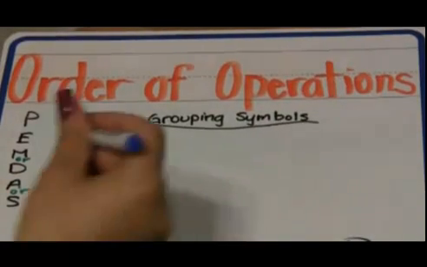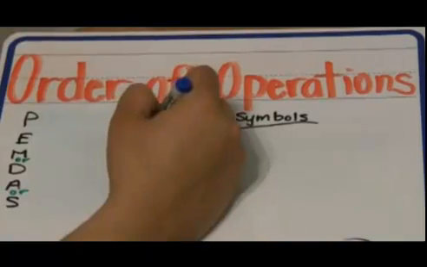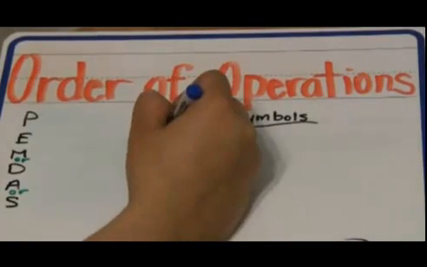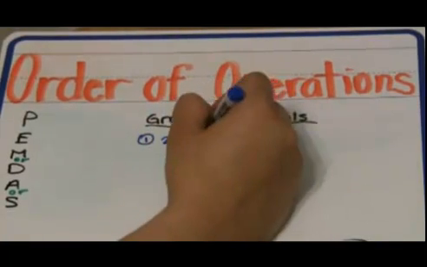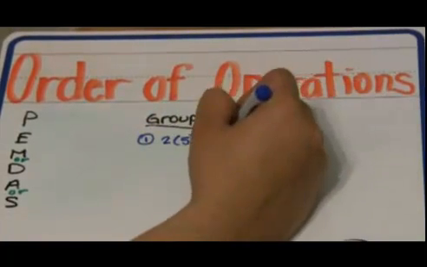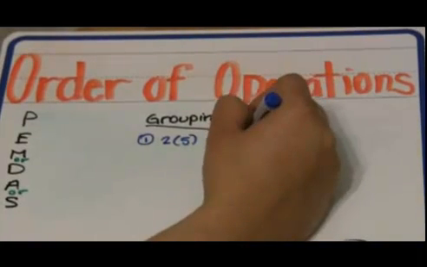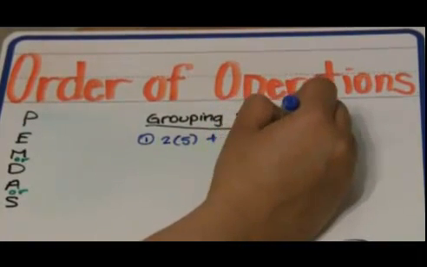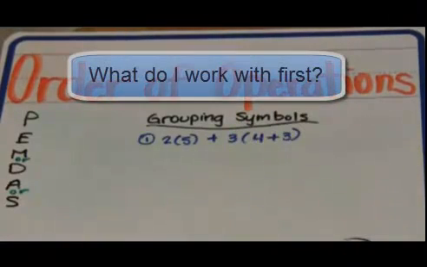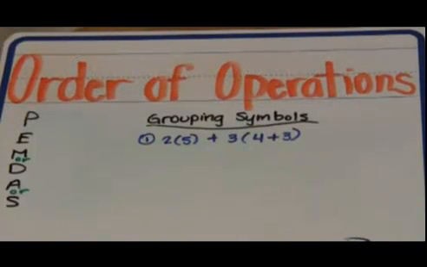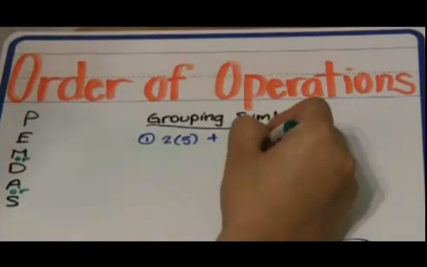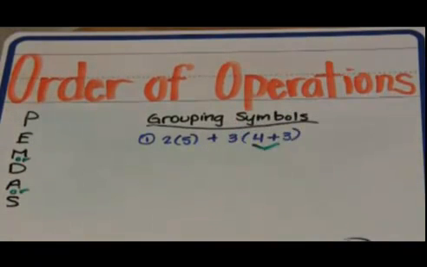So our first problem, problem 1, we have 2 times 5 plus 3 parentheses 4 plus 3. Based on our order of operations, we work with our parentheses first, and we have to work within the parentheses. So we're working with that 4 plus 3. When we add 4 plus 3, that's going to give us 7.